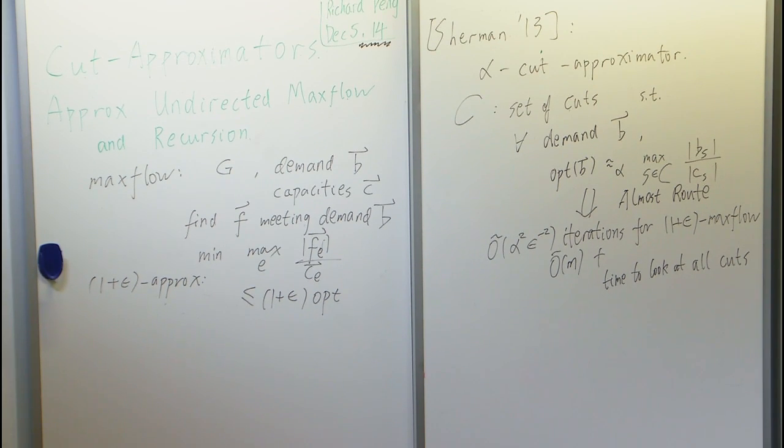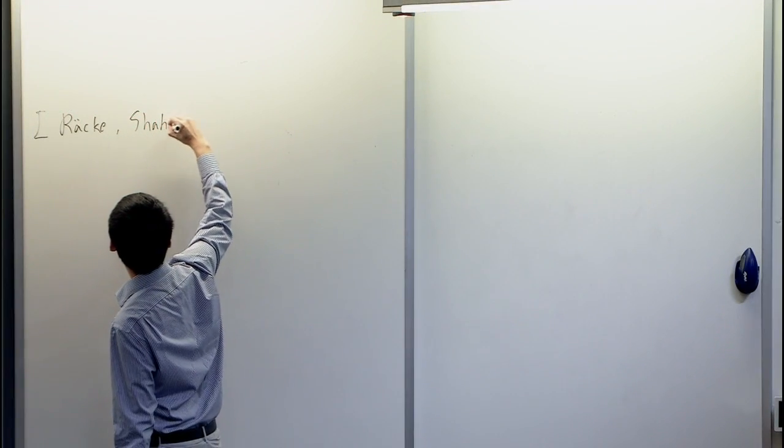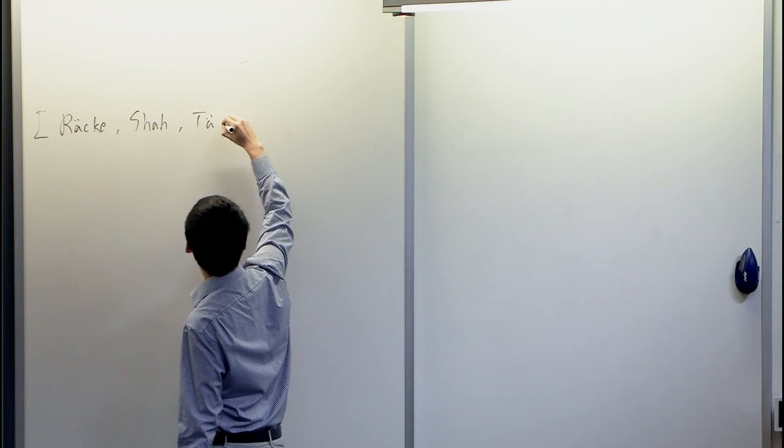In the previous talk, Jonah also mentioned several other possible candidates for alpha cut-approximators. One of these was described in detail by Räcke on Monday, in the first talk this week. This is a result due to Räcke, Shah, and Täubig in SODA 14, I believe.